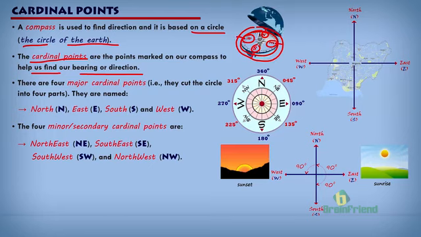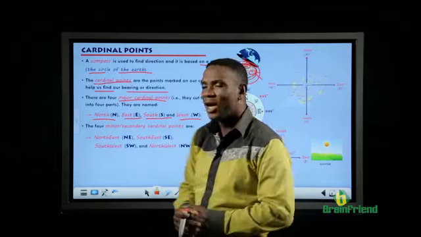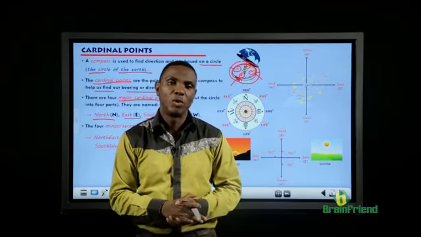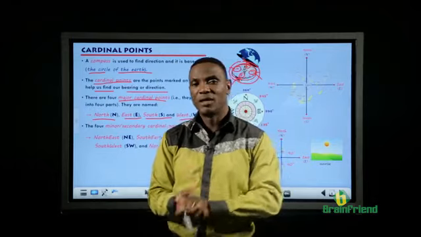The markings within our compass are called cardinal points. The major cardinal points within a typical compass are the north, the east, the south, and the west. These are called the major or primary cardinal points.